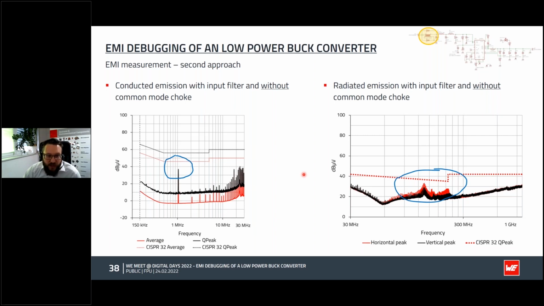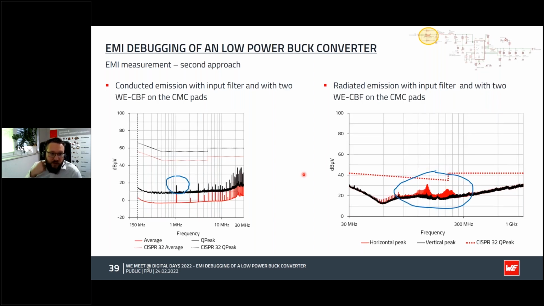But what can we do to have more distance to the limits? First we can insert some chip bead ferrites instead of the common mode choke. We use the pads to place some chip bead ferrites. We chose them according to the switching frequency, so we really suppress the switching frequency.